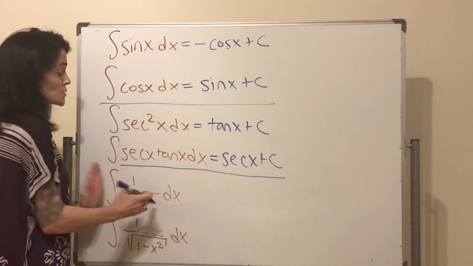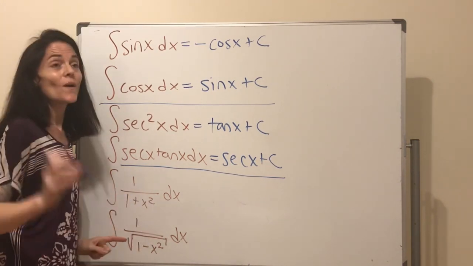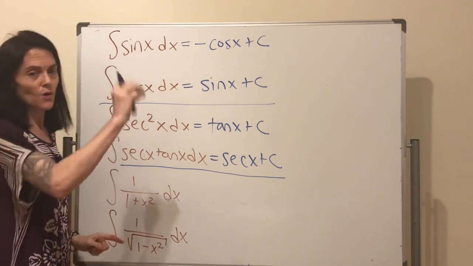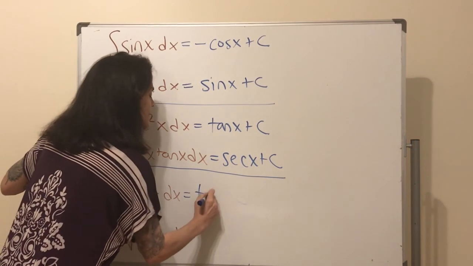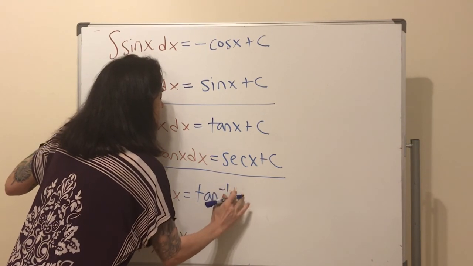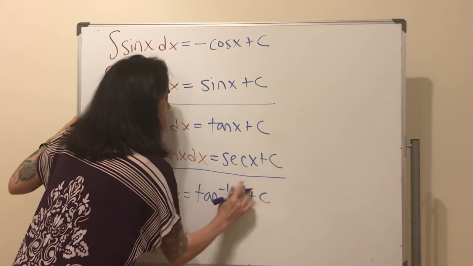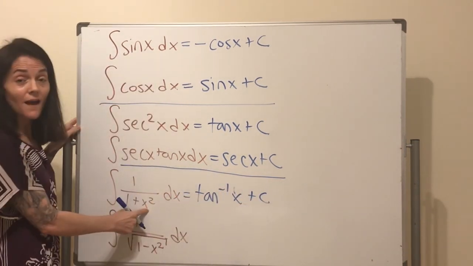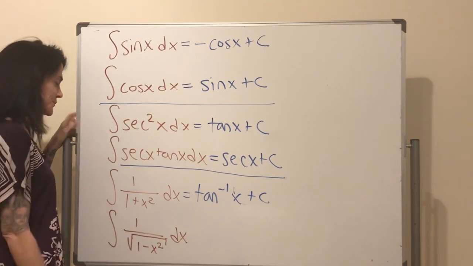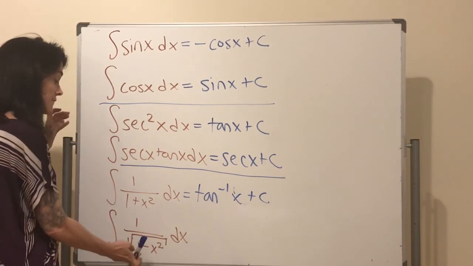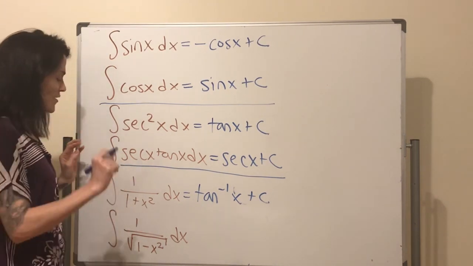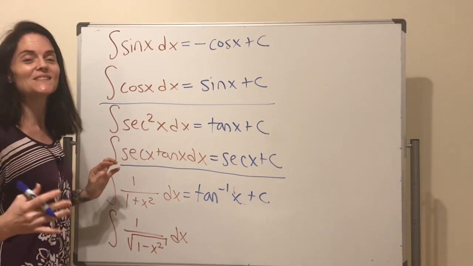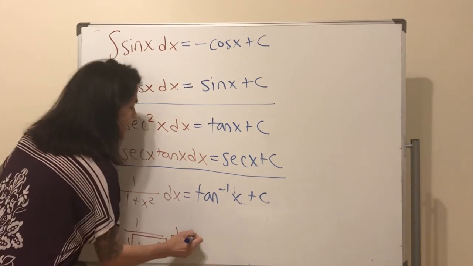Well, once we integrate. Here, what function has derivative 1 over 1 plus x squared? This is the tan inverse, or arctan. This one comes up a lot in calculus 2. Finally, what function has derivative 1 over square root 1 minus x squared? This is the inverse sine.